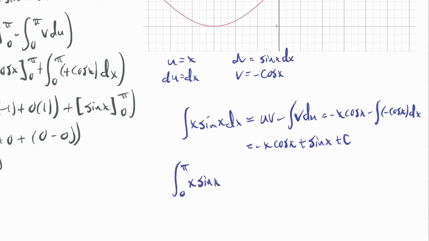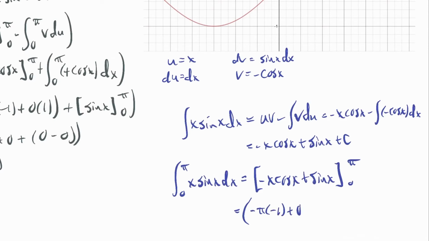So we end up doing this 3 times, I guess, in total in the video. Well, this is just going to be negative x cosine x plus sine x evaluated at 0 and pi. Right? So this will be negative pi times negative 1 plus 0 minus 0 plus 0.